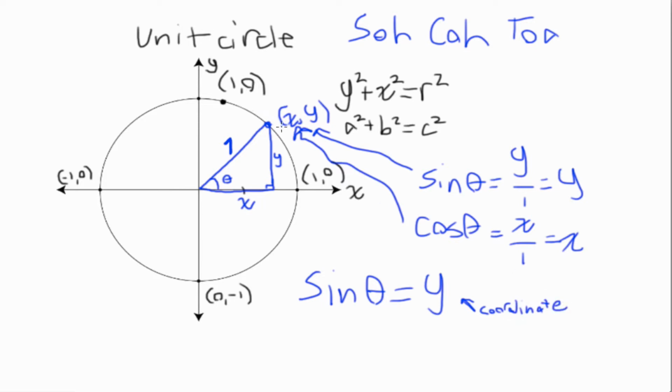So this y coordinate, and the cosine of any angle is just equal to the x coordinate that it hits the circle at, right?